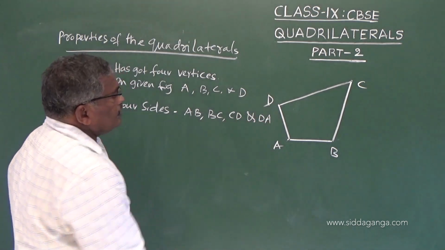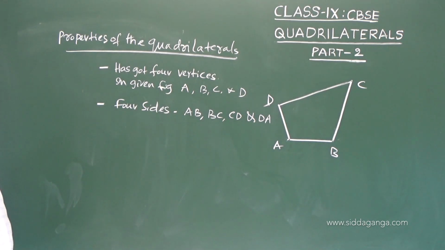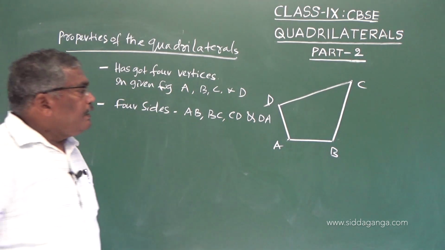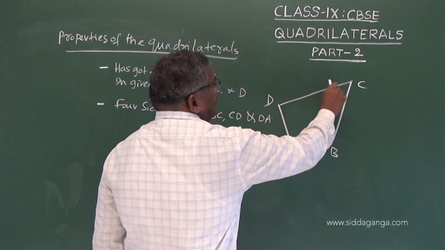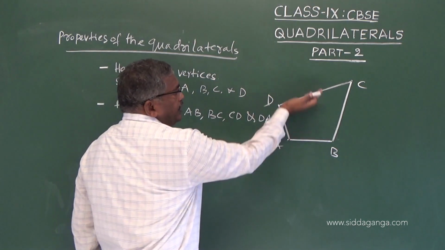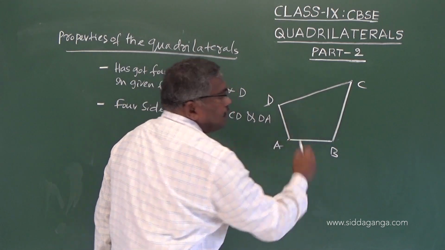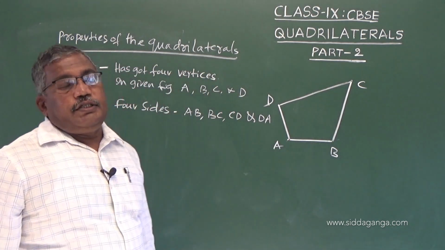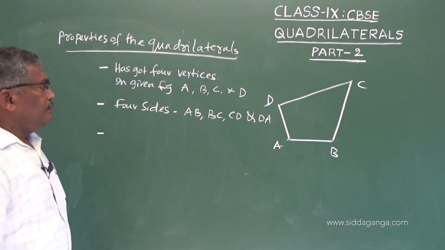So these are the four sides. Here AB and DC are called opposite sides, and AD and CB are called opposite sides.